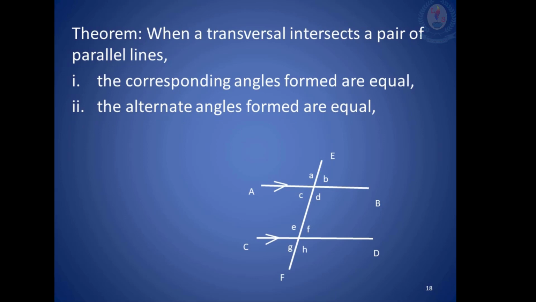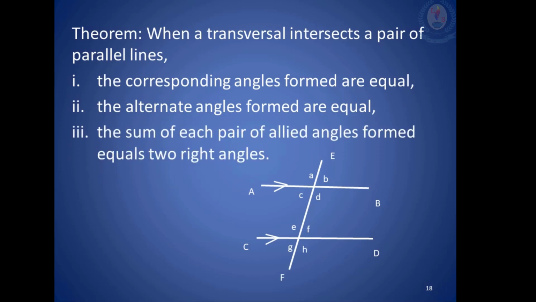That is like letter Z. We can say D equals E, C equals F. Part 3. The sum of each pair of allied angles formed equals two right angles. Two right angles means 90 degrees times 2. We are getting 180 degrees. Then we can say C plus E equals 180 degrees, as well as D plus F equals 180 degrees.